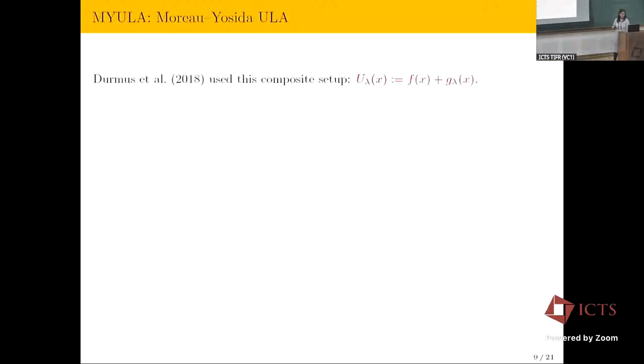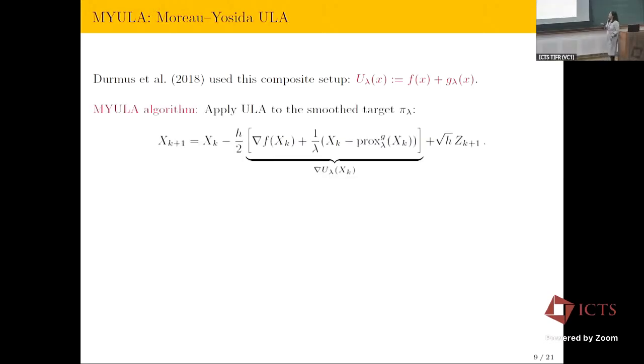Right. So now this composite framework was proposed by Alain Durmus, Eric Moulines, and Marcelo Pereyra. They said, okay, now I'm going to use this composite setup and define U lambda x, my approximation, as f of x plus g lambda x. So f remains the same, but I'm going to envelope g instead. And now I'm going to do my ULA. If you recall, ULA was the unadjusted Langevin algorithm.